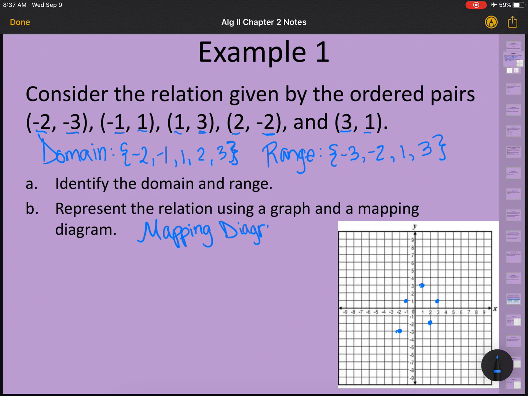So we said a mapping diagram needs input values, so I'm going to need input. And I'm going to need output. So the input, I'm just going to put my whole domain, those values from least to greatest, every single time. And I'm going to box those up. And then my output is just my range, or all my y values, from least to greatest.